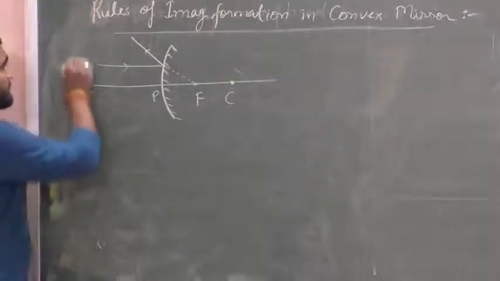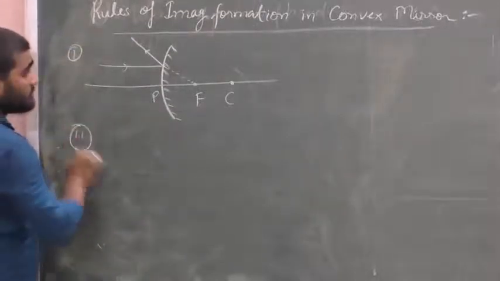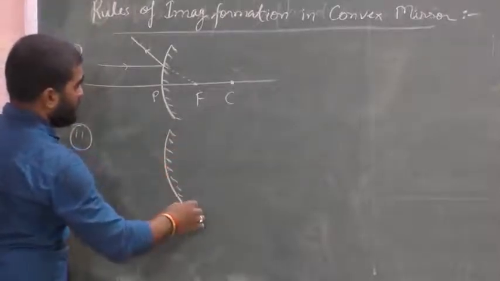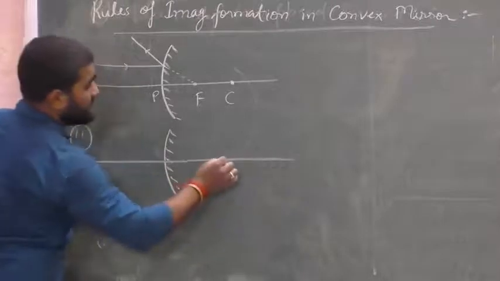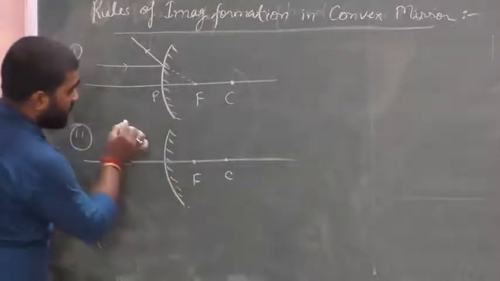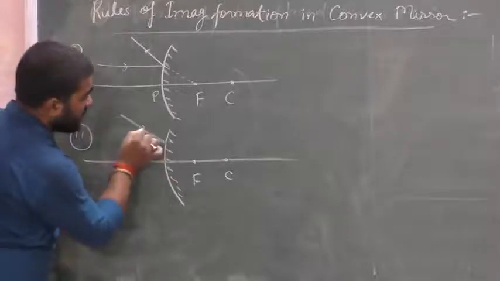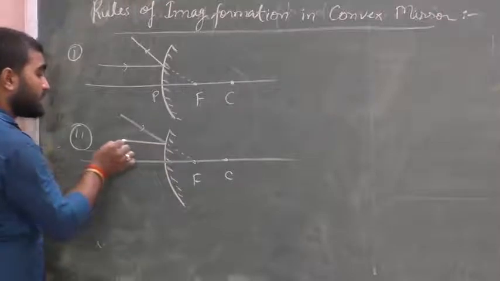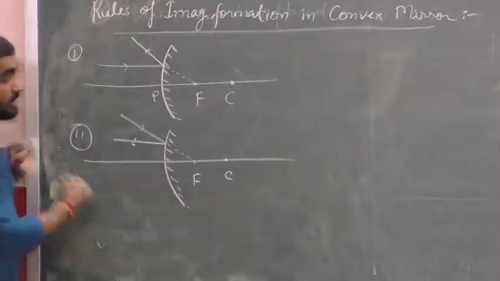In the second case, when the ray of light is falling at the focus, then the ray of light will go back parallel to the principal axis.